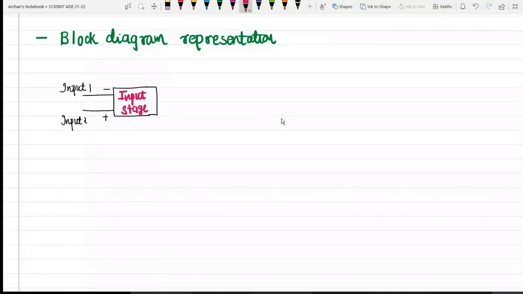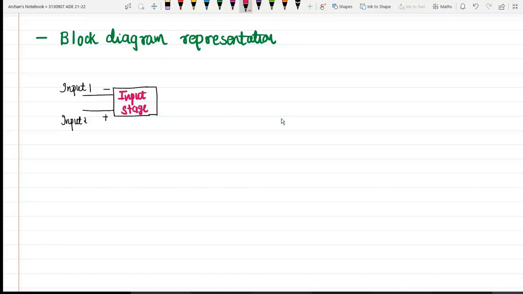And what is the function of this differential amplifier? It will amplify the difference between the 2 input signals. What is the difference? Difference Vd is nothing but V1 minus V2. Whatever this difference voltage is, that will be amplified, and we will have some output voltage signal at the end of this input stage.